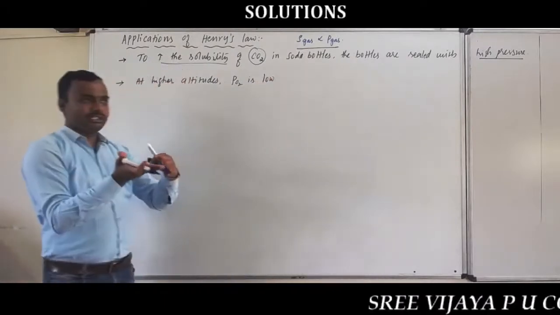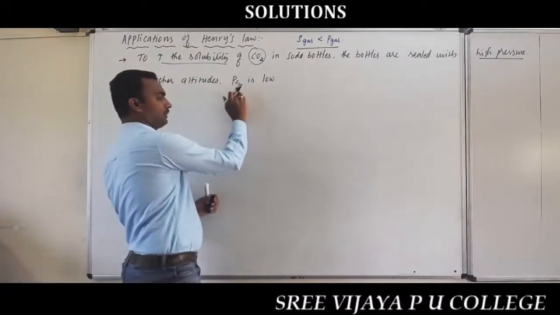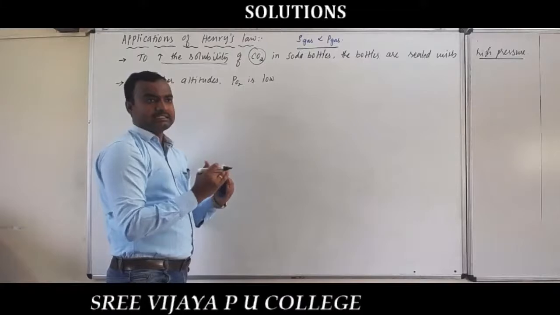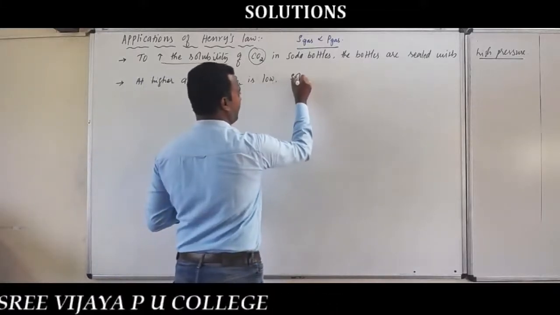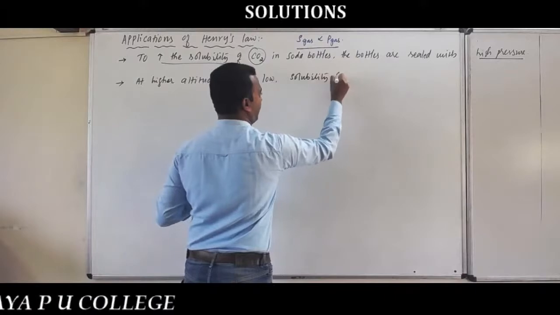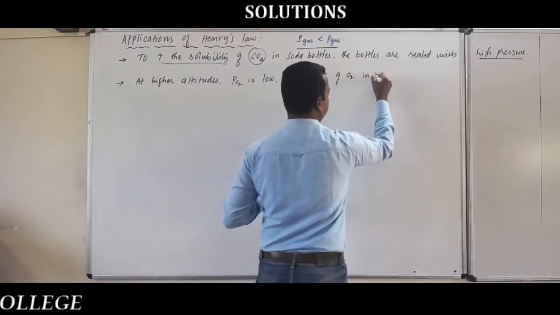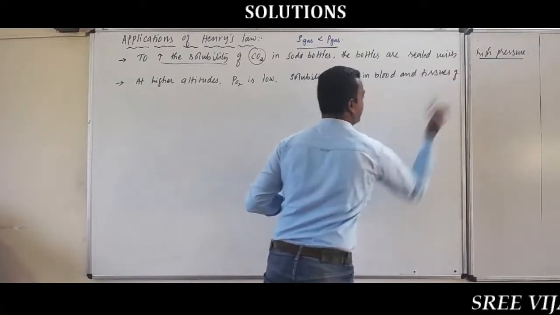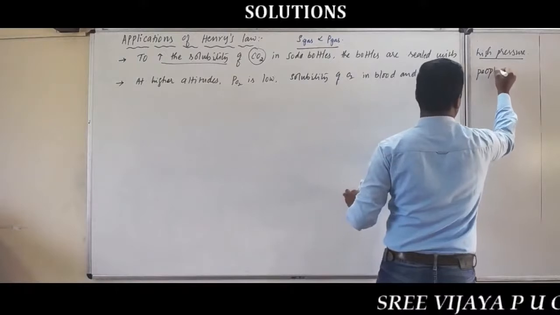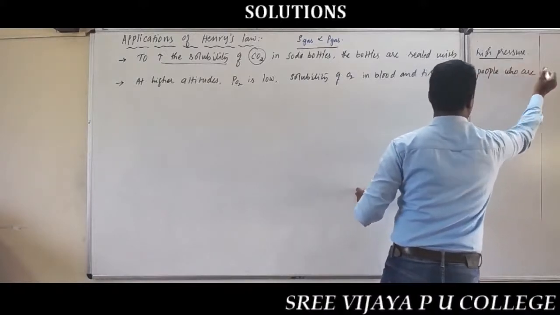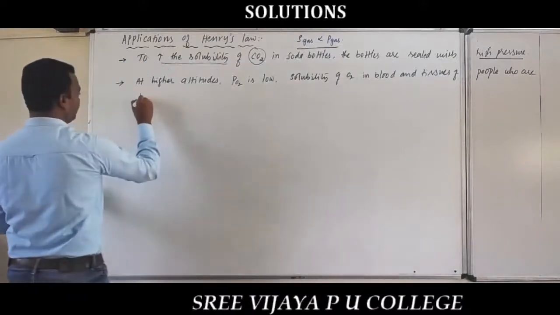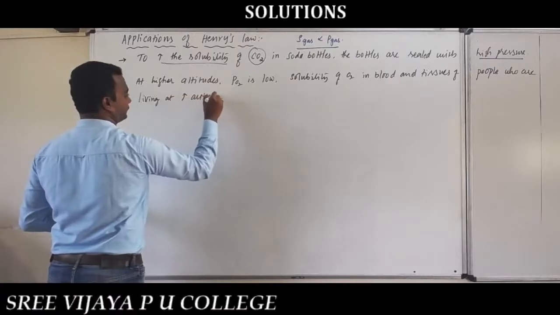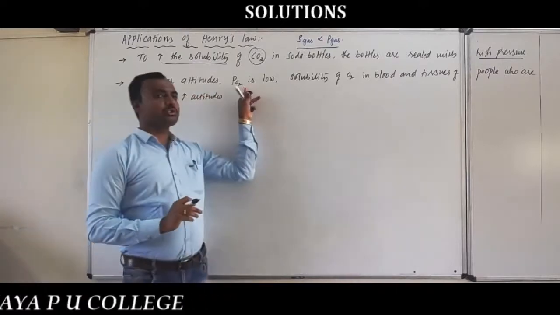At ground level the partial pressure of oxygen is higher, and we know that as the pressure of the gas increases, the solubility increases. So the solubility of oxygen in blood and tissues of people who are living at higher altitudes is low, because the partial pressure of oxygen is very low.